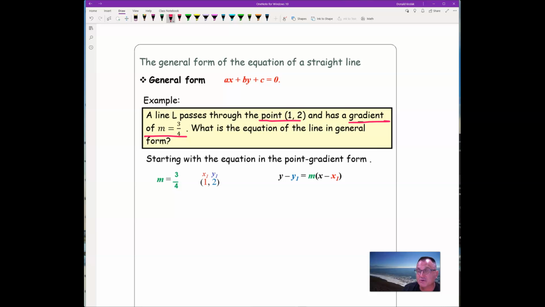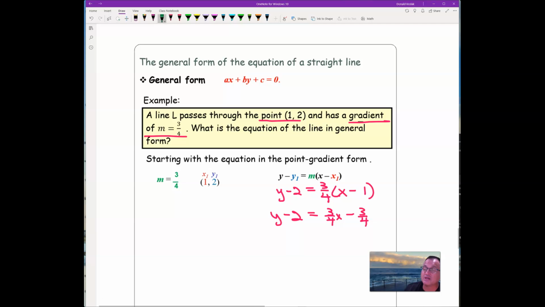All right, so y1 is 2, m is 3/4, x minus x1, which is 1. Okay, I want to get rid of the fraction.